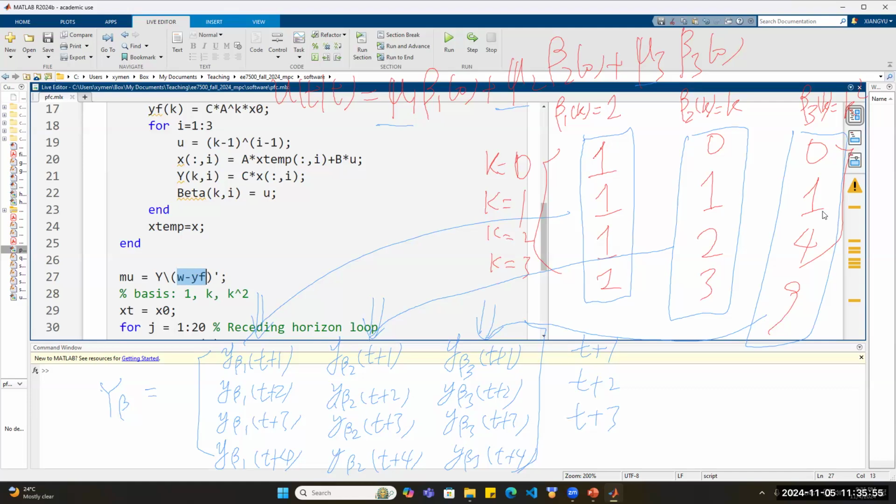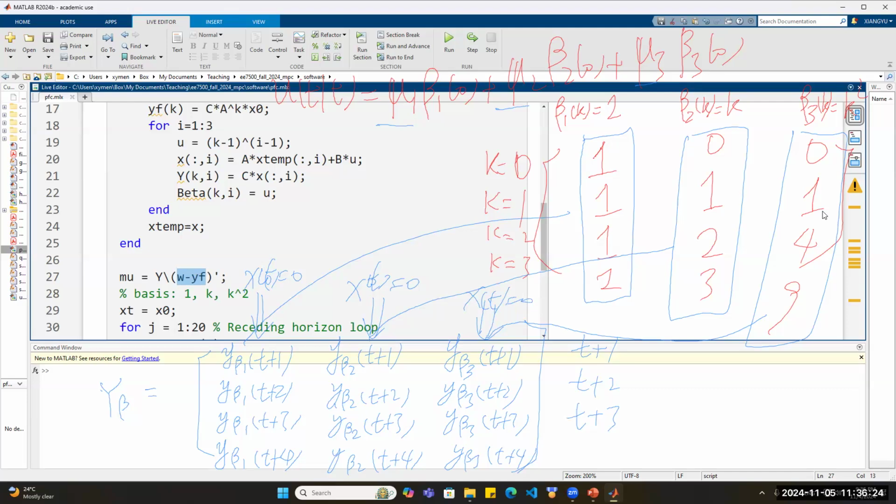Then, as you know, this one is fixed. Once we calculate the Y beta matrix, it's fixed. It's independent of t, because we assume a 0 initial condition: x t is 0, x t plus 1 is 0, x t plus 2 is 0.